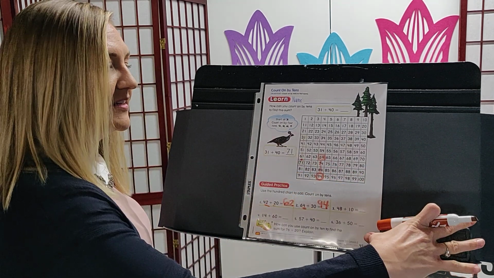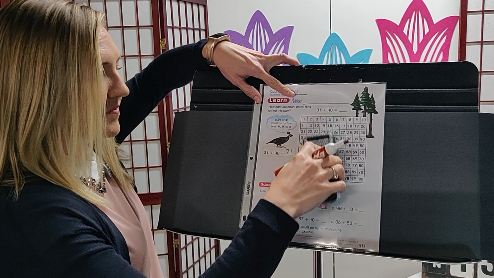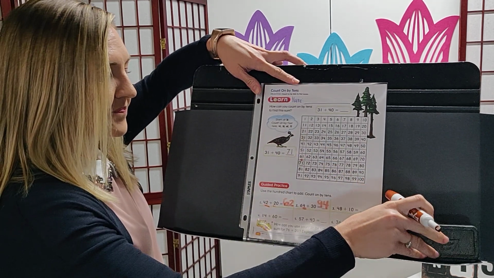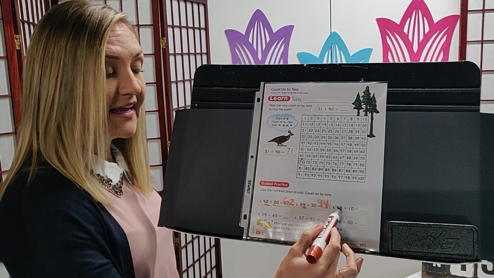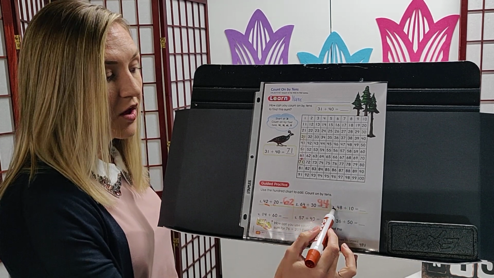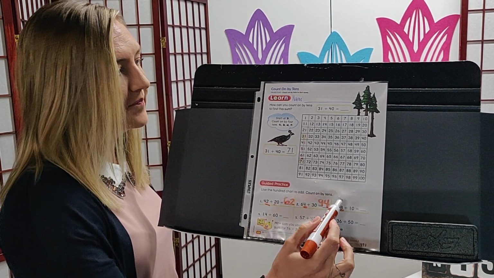Okay, I'm going to go ahead and erase my hundreds chart. Okay, let's move on to number 3. 48 plus 10. 48 ends with an 8, so we go to our 8s column.